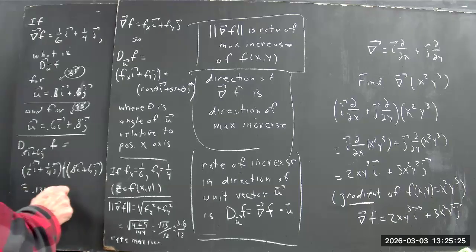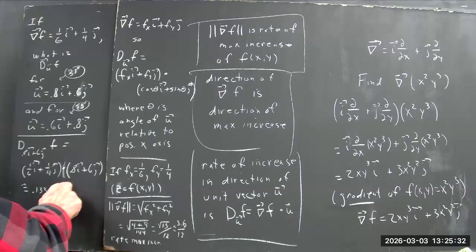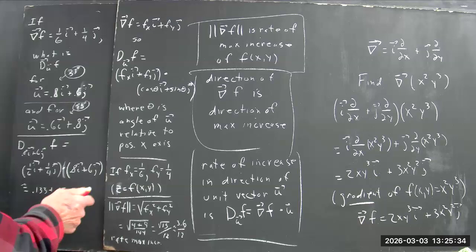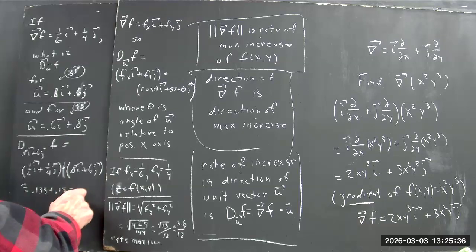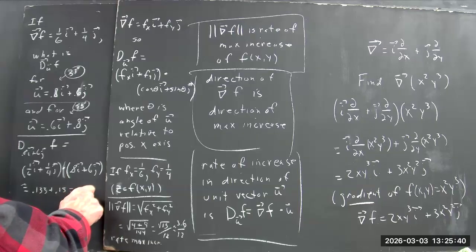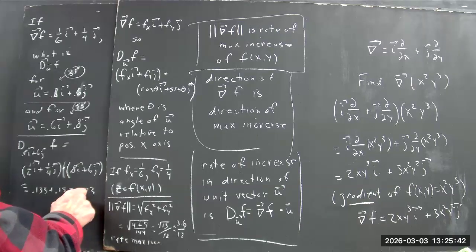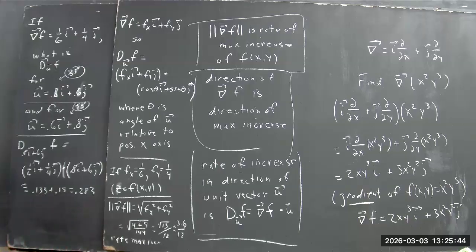And that's like 0.15 equals 0.283. Now, does that make sense? It's a little less than a third.